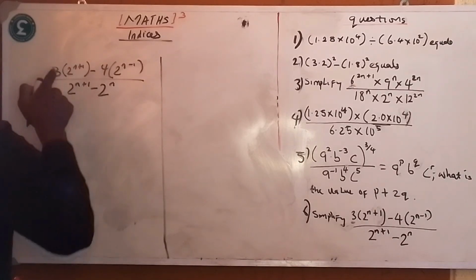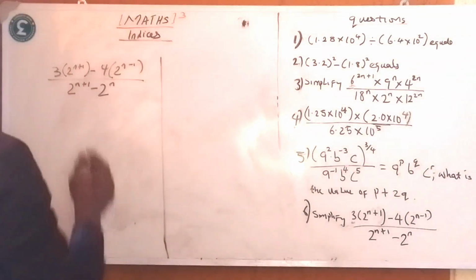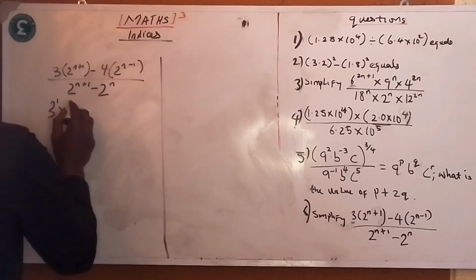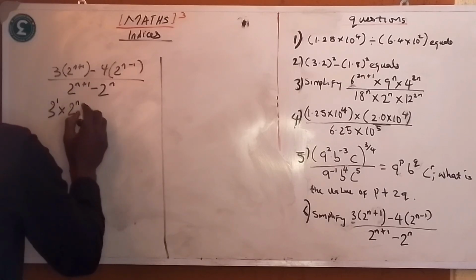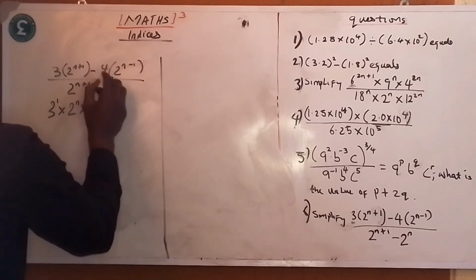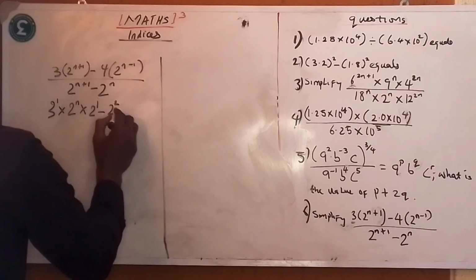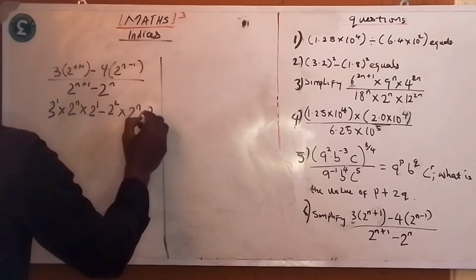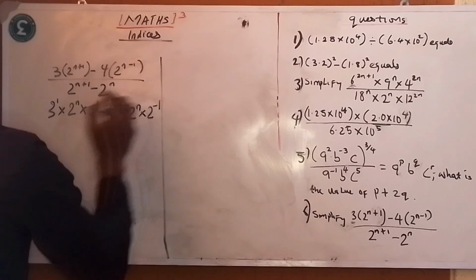If you expand the numerator, let's deal with the numerator first. We will have 3 raised to the power of 1 times 2 raised to the power of n times 2 raised to the power of 1, minus 2 squared times 2 raised to the power of n times 2 raised to the power of minus 1.